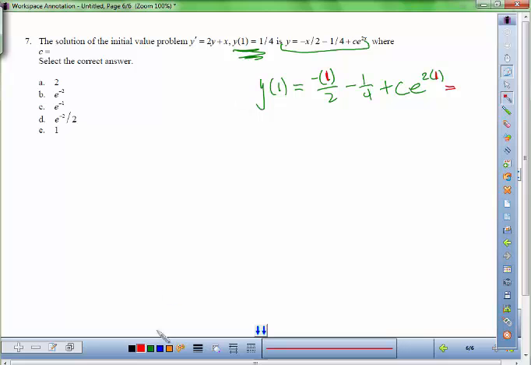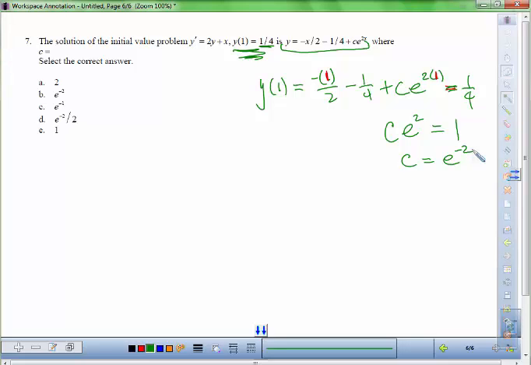And this is supposed to be equal to, according to this initial condition, 1/4. So combine this, bring it over to the other side. So we can write it as 1 over e squared or e to the negative 2, which is a constant because there's no more x's. So that's your C. It's one of the choices.